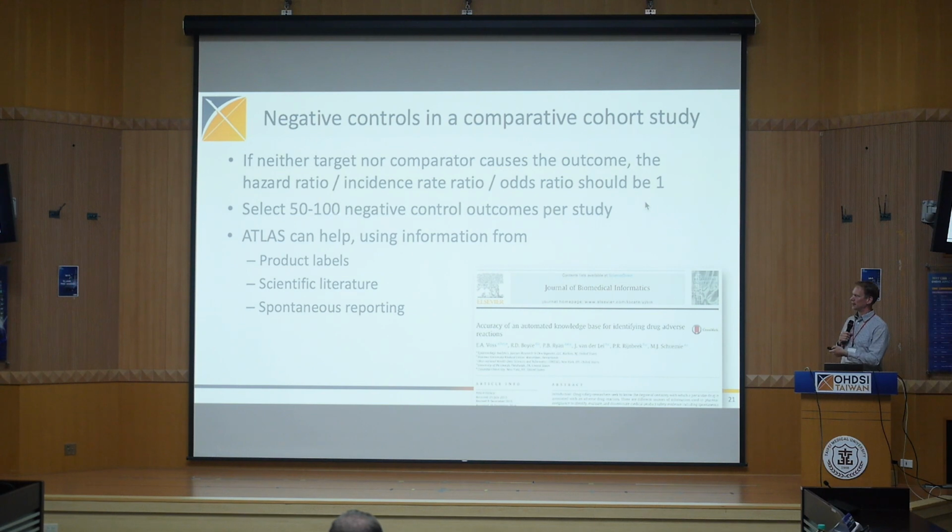What's behind that is a huge database that has information from all the product labels, from the scientific literature, so from PubMed, and from spontaneous reporting, and it basically gives you the outcomes that, according to those three sources, have no causal relationship with your exposure. So it's a lot of work that it does for you, and then you get a list of 100, 200 candidates that you can then manually review to get to that list of 50 to 100 that you want to include in your study.